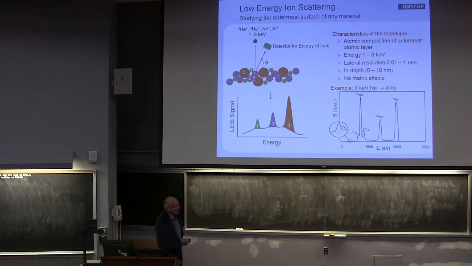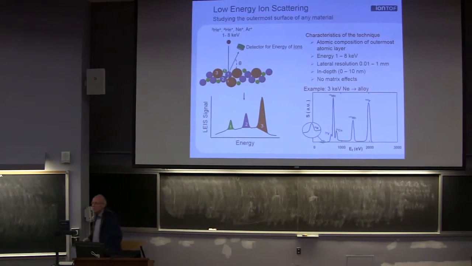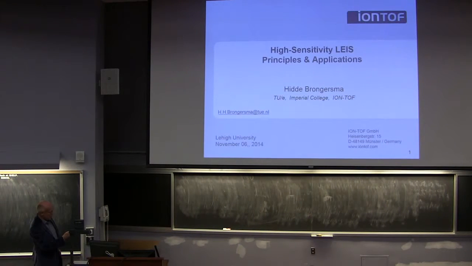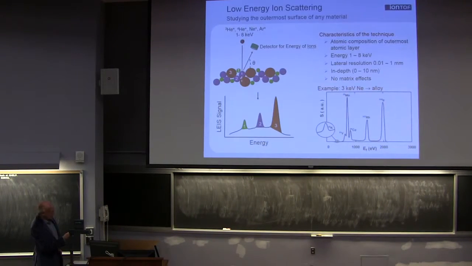The principle of ion scattering: you bounce off ions, so you make ions like helium. You take noble gas ions like helium, neon, argon, or krypton, depending on the mass resolution you need. If you want a better mass resolution, you take a heavier ion. You scatter them, say, at a few kiloelectron volts from the surface, and it's basically a billiard ball game.